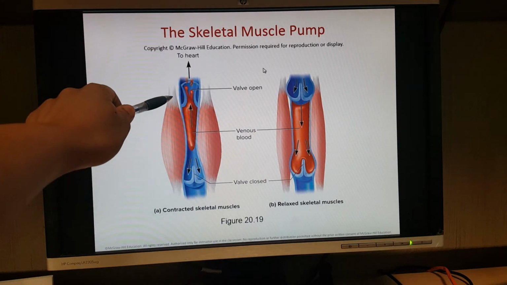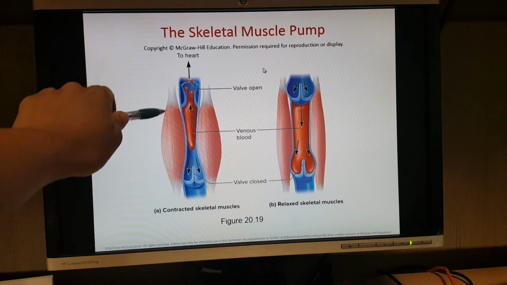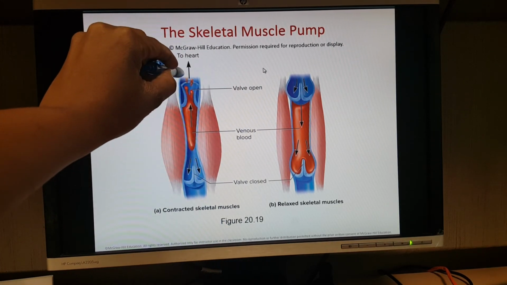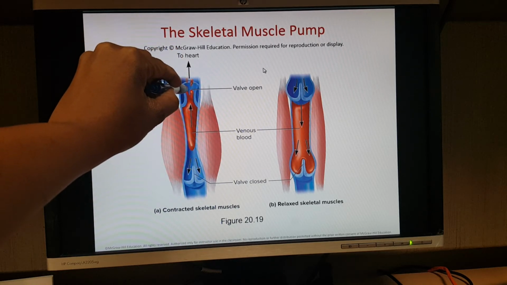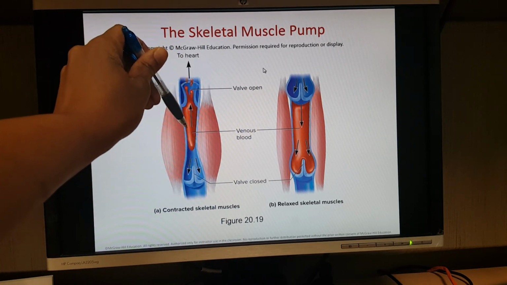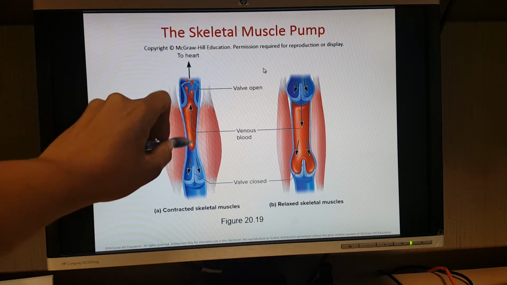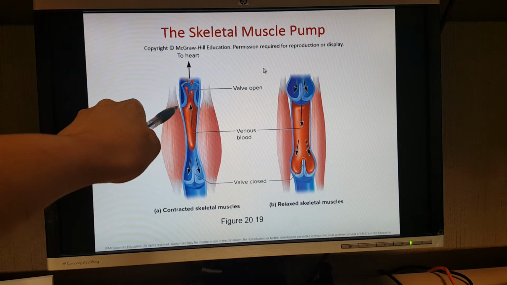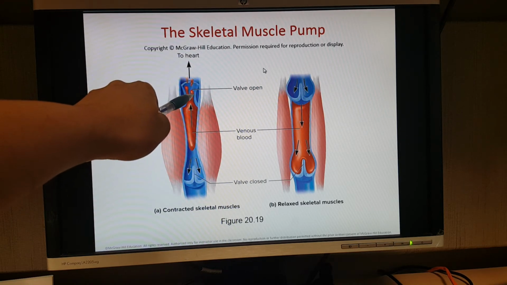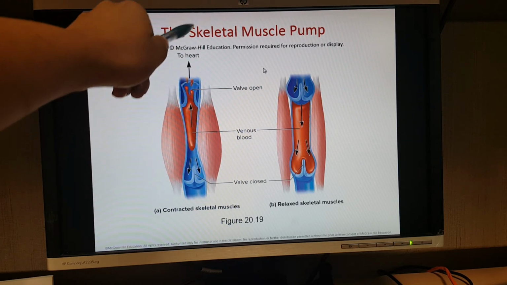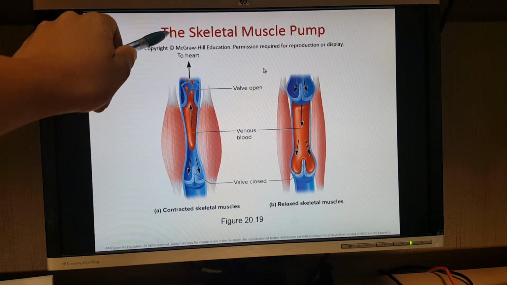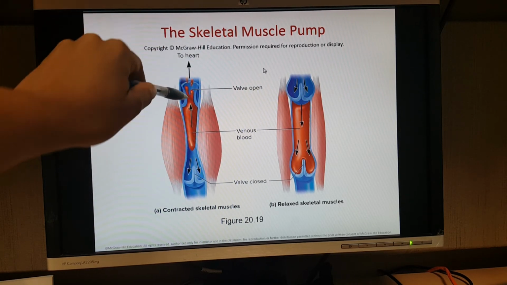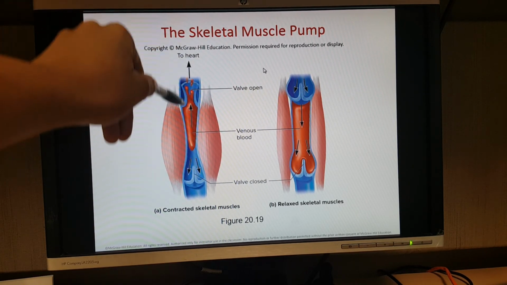So we have our muscles on the outside of the vein, and when they contract, they push the blood up through those valves that help control backflow in your veins. Once the blood is pushed up, it's trapped by the next section of valves, and either the next muscles or another method can help continue to push the blood up towards the heart.